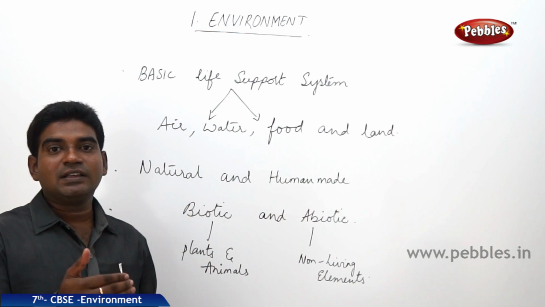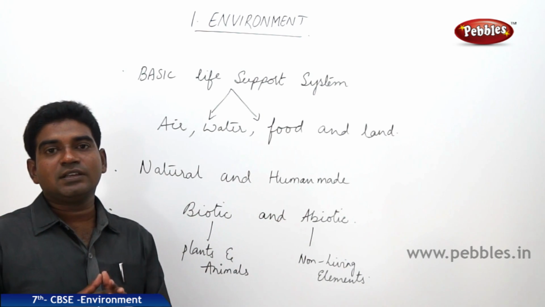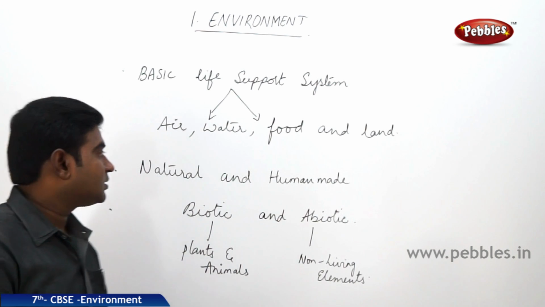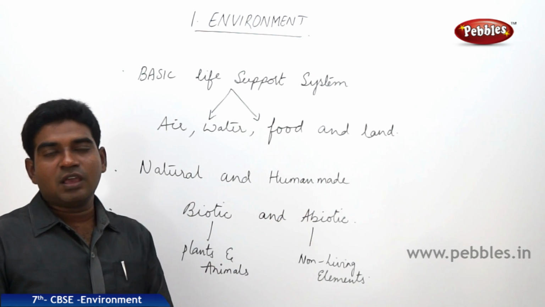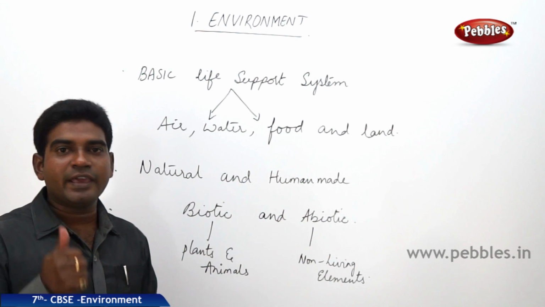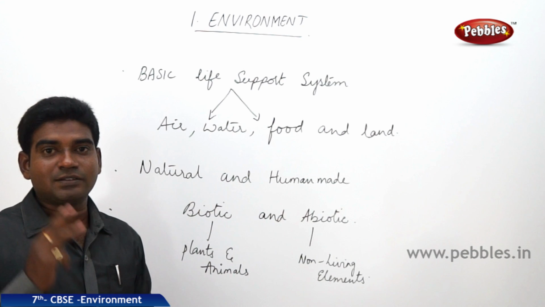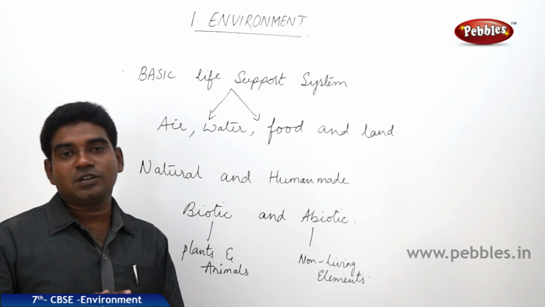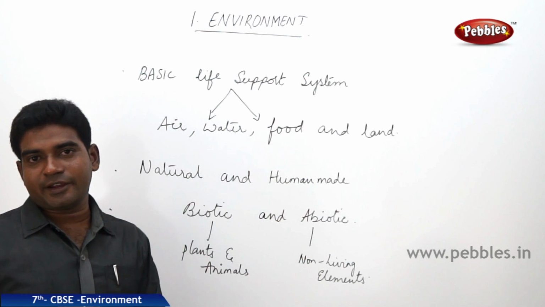By nature, they are gifted to the humans. So, we can broadly categorize the basic life support system into two categories, that is the natural and the human made components. What are the natural components? The natural components are air, water, land, plants, animals. All these come under natural, given by nature as a gift to all human mankind.